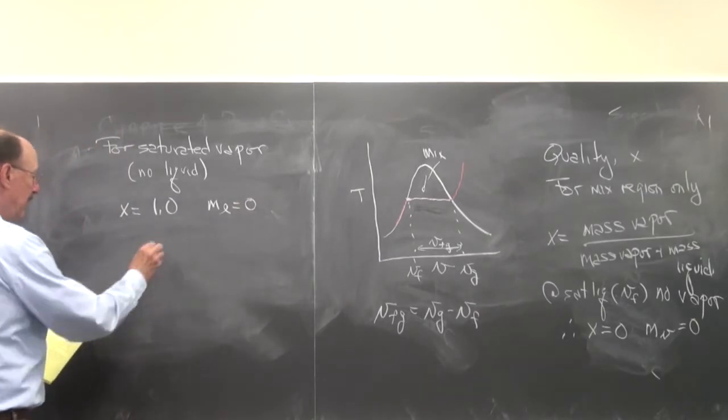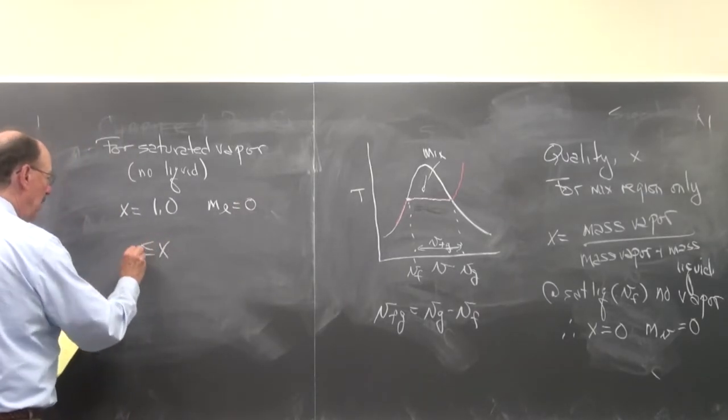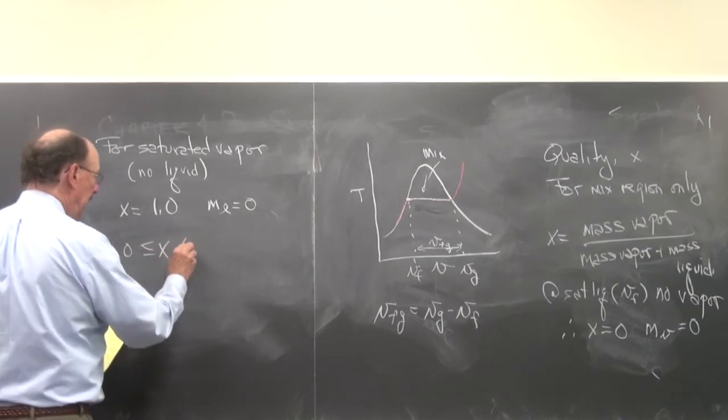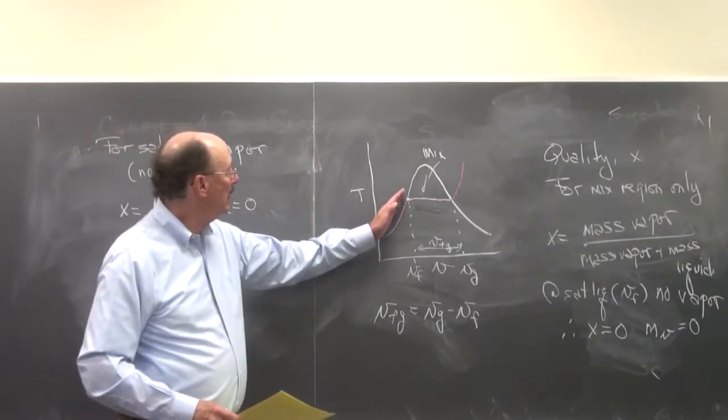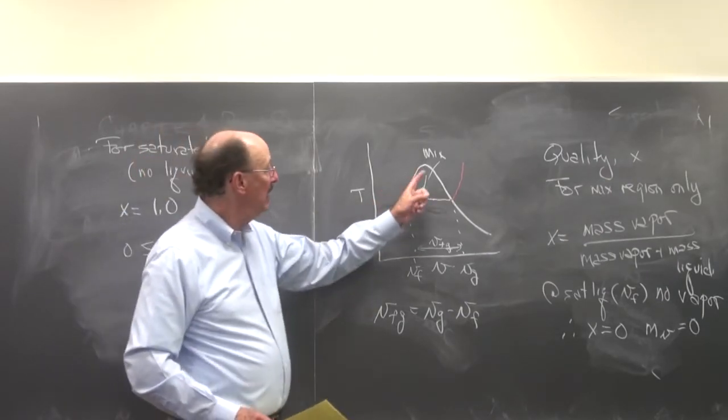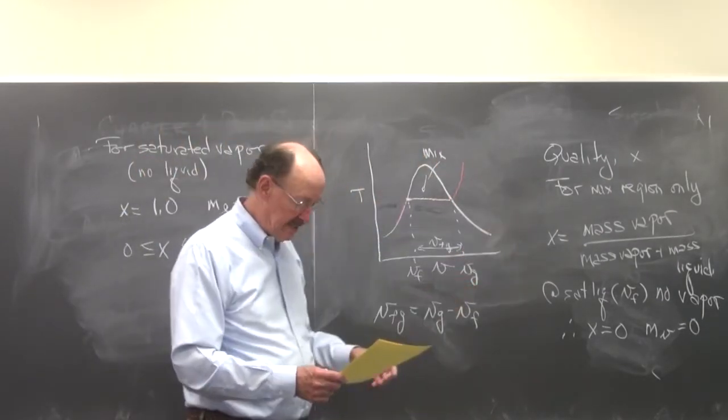So X varies between 0 and 1.0. And so if it's in the liquid region, it's not defined. If it's in the superheat region, it's not defined.